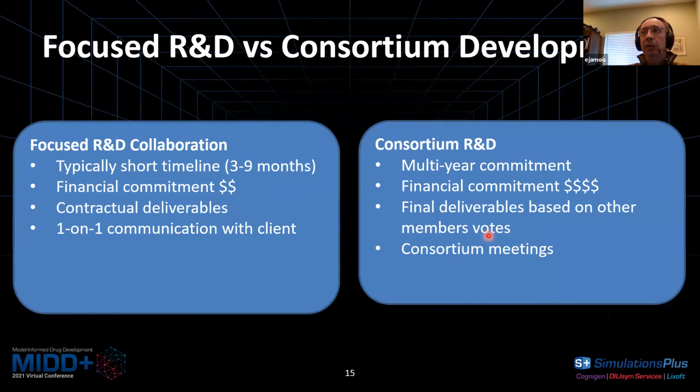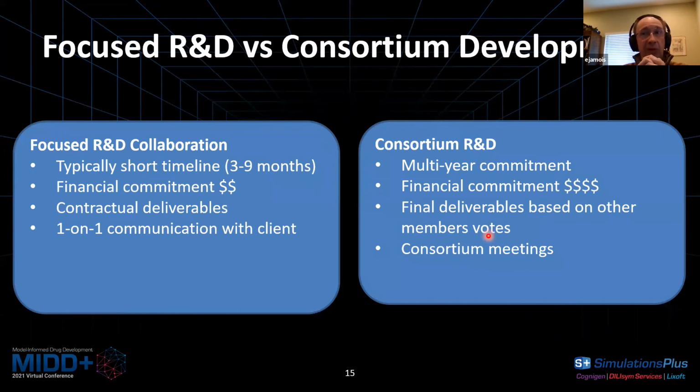I think the timeline, since it is quite focused, is shorter, typically from 3 to 9 months, whereas consortia can typically run multi-year collaborations. The financial commitment is typically smaller than what would be requested through a consortium engagement. The deliverables are contractual to that single client.